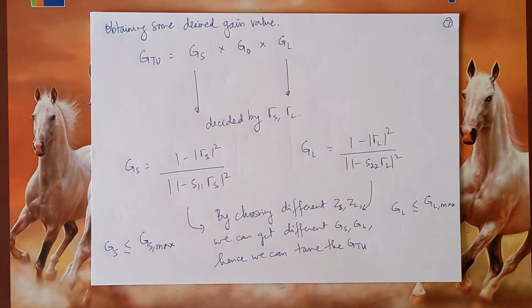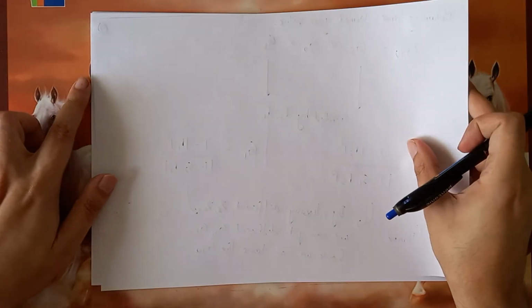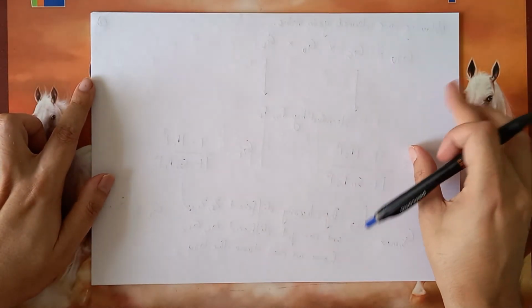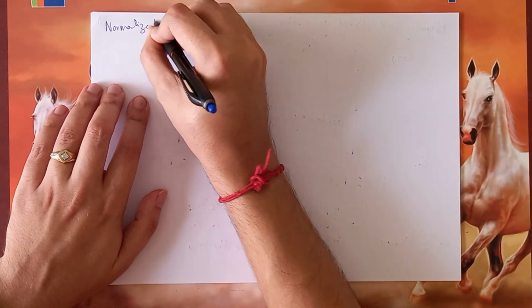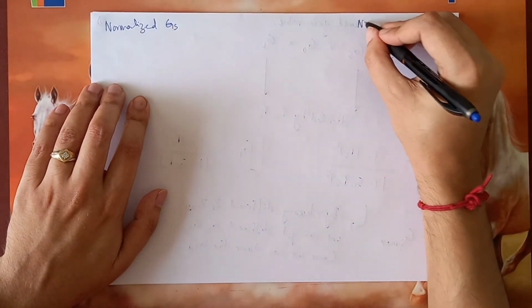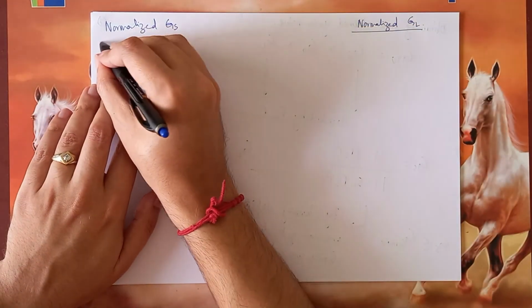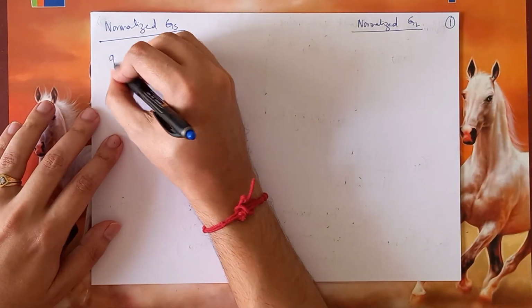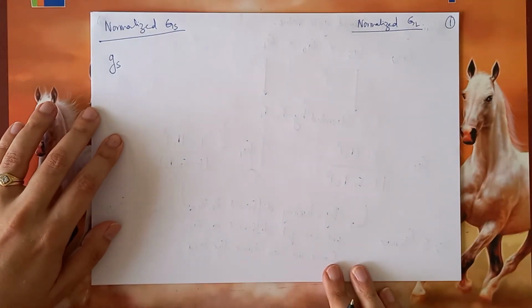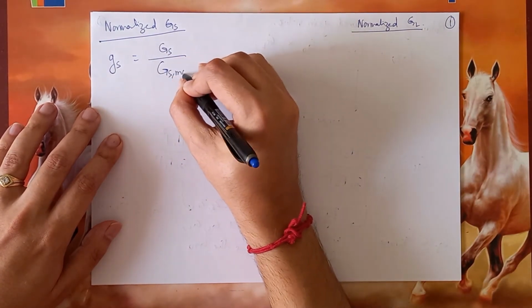what we will do is that we will essentially represent this in a normalized fashion. So we will call this small gs, which is nothing but the actual gs that we want divided by the gs max.